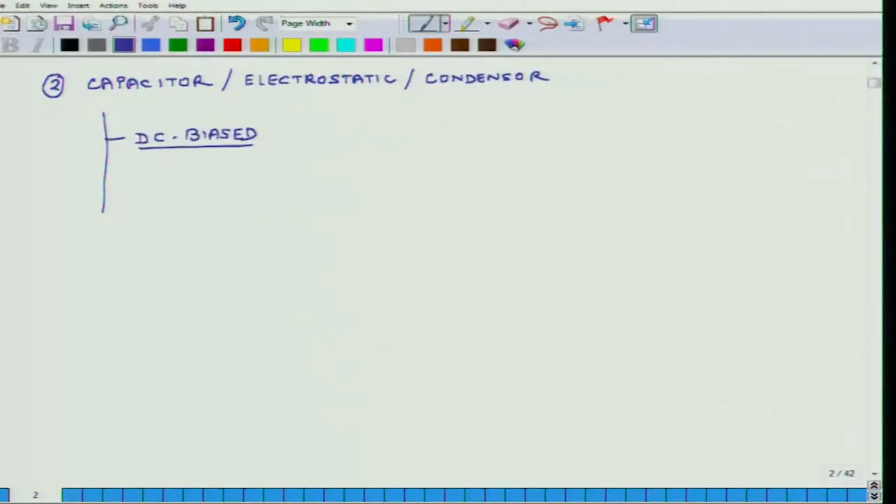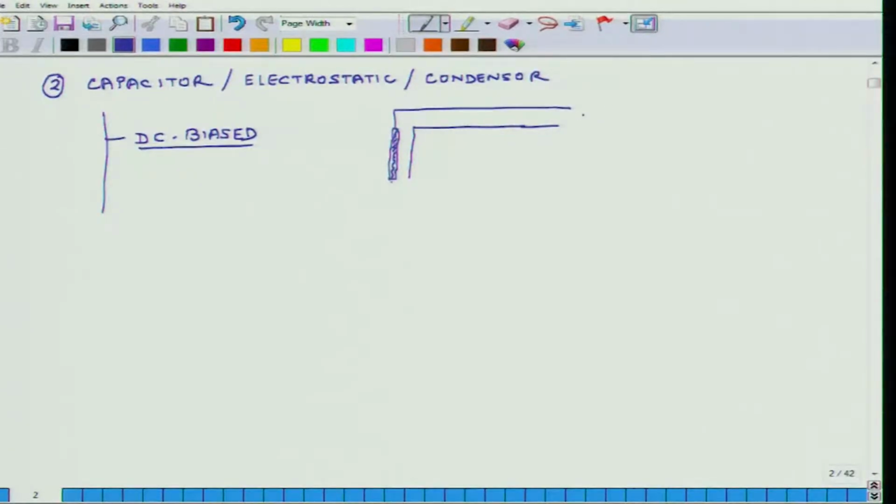So in this, let's say you have one plate, my reference plate, and then the other plate is your diaphragm. These two plates essentially have a constant, or more or less constant, voltage across them.